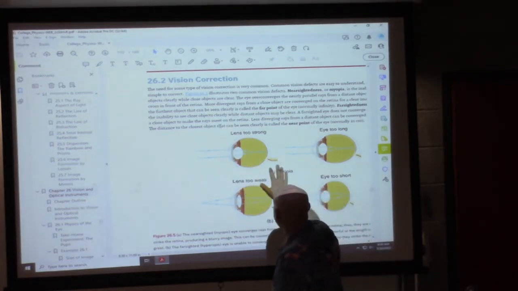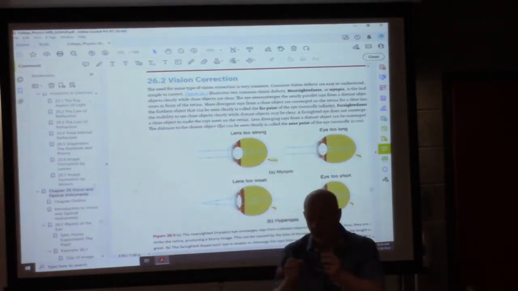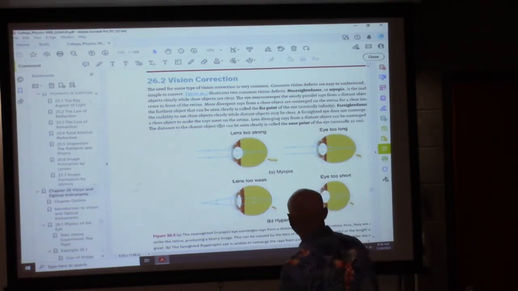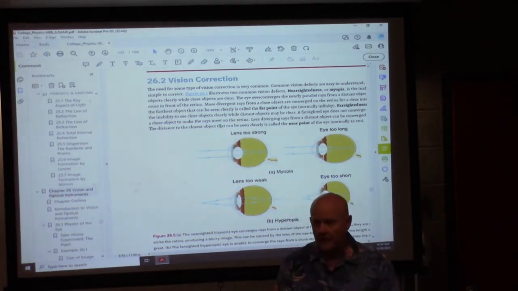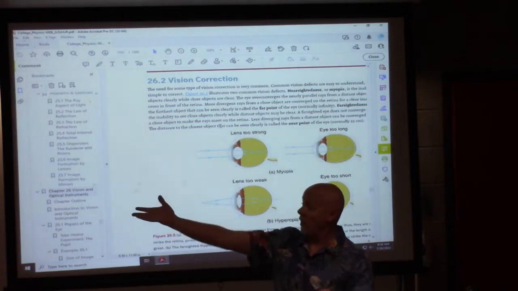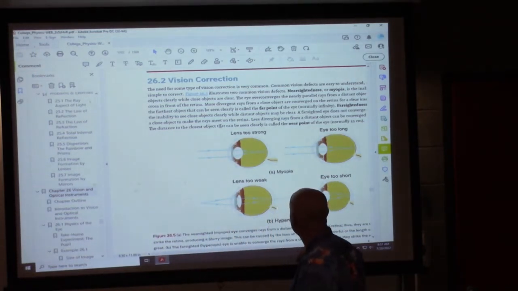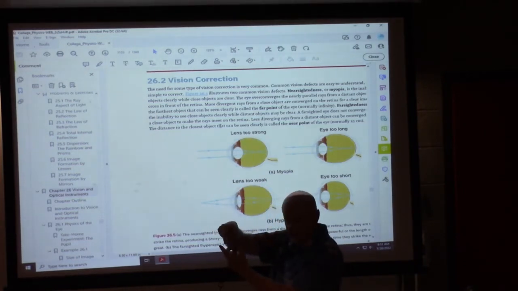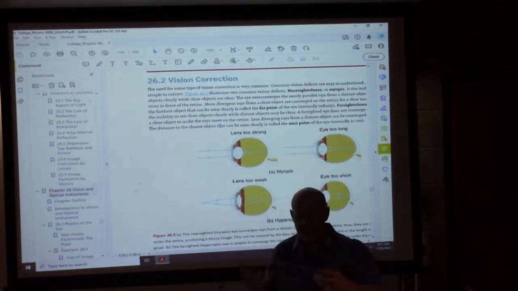Like I said, when somebody has too much curvature and their lens is too powerful, they would be able to see things near, because remember, you're trying to make a powerful lens when things are near. The reason I can't see things far away is because when my muscles relax and my lens goes as flat as it will go, my cornea still has too much curvature.